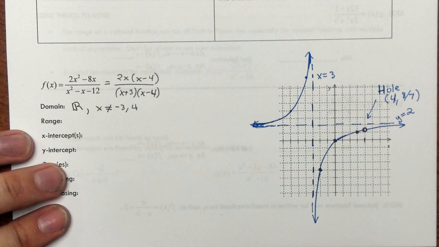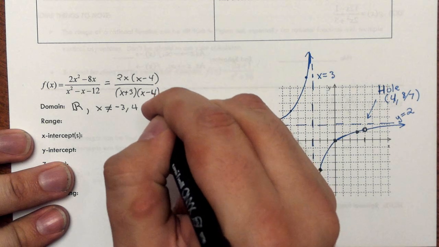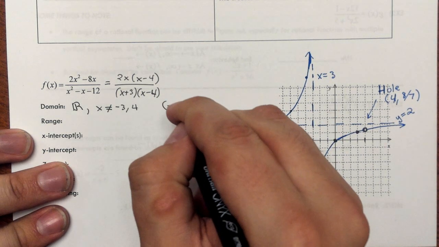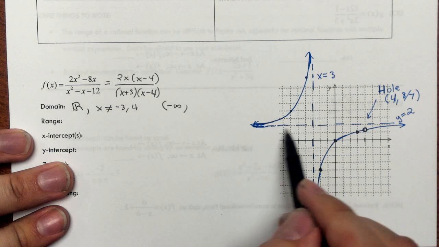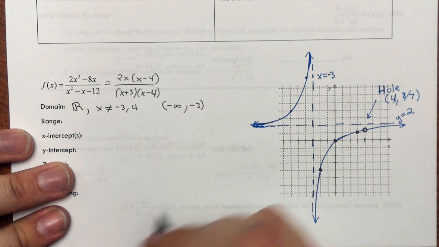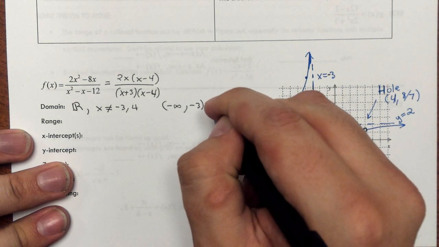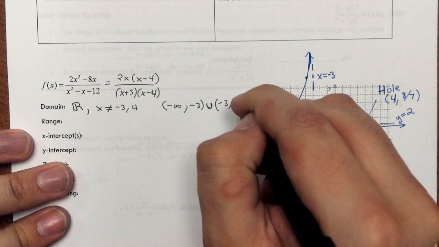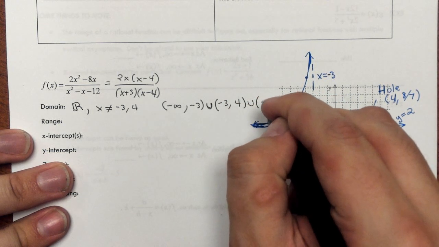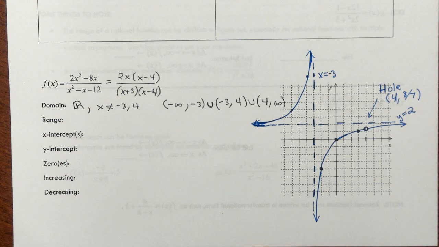Now I can write it like that, but if I am asked for this in interval notation what I would write is, well, x can be really small and be everything up to -3. And then I have to skip over -3, go to the other side, things that are greater than -3 but less than 4. And then I skip over 4 and go to infinity. So that's how you would write that in interval notation.